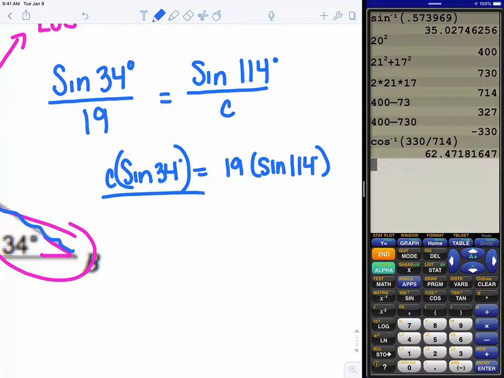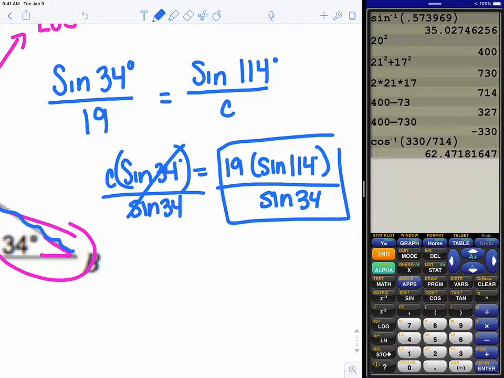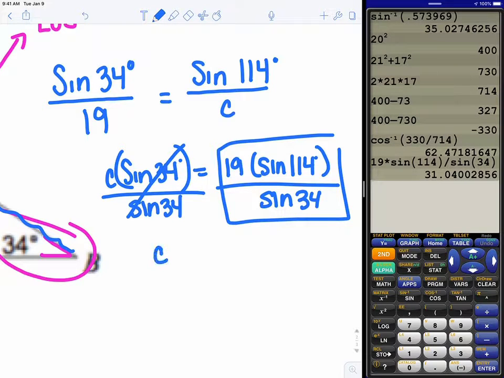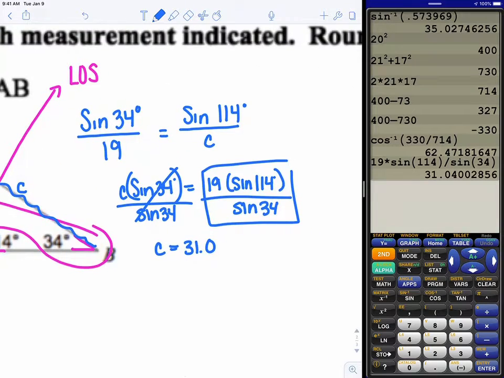If I divide both sides by the sine of 34 degrees, I have c by itself now. So I can just type all of this in the calculator: 19 times the sine of 114, close parentheses. I don't want that sine of 34 in that parentheses, that wouldn't work out very well. Then divide by the sine of 34. Little c is 31.0 inches long.